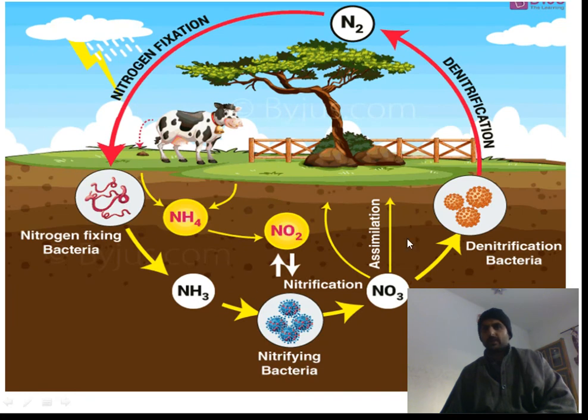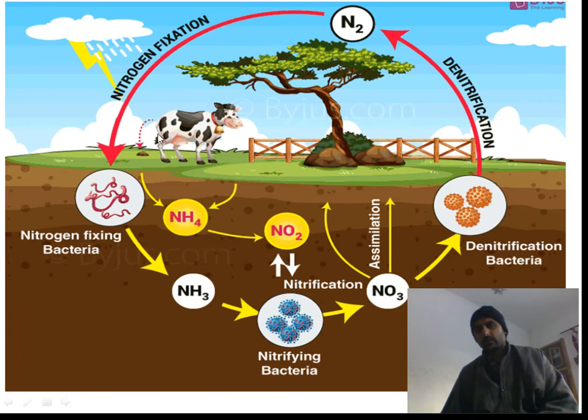This is a simple diagram of the nitrogen cycle. You can see here the atmospheric nitrogen in the form of molecular nitrogen N2, which gets fixed by nitrogen fixing bacteria into ammonia. After the action of nitrifying bacteria, it undergoes nitrification and gets changed into nitrates, and it can also change into nitrites, NO2.